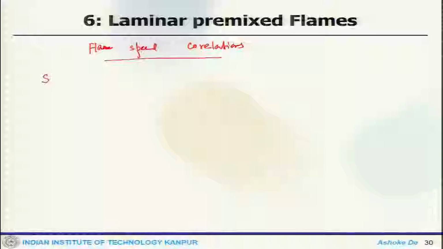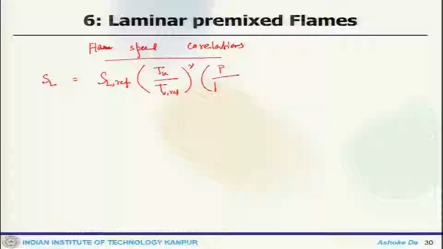We get S_L equals S_L reference, times T unburnt over T unburnt reference to the power gamma, times P over P reference to the power beta, times 1 minus 2.y.